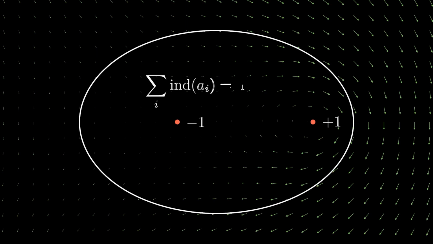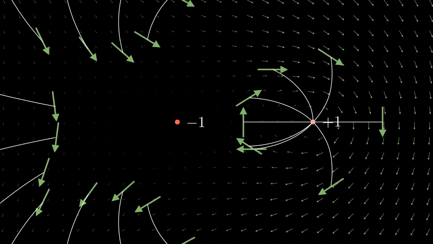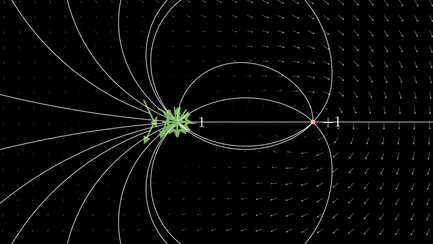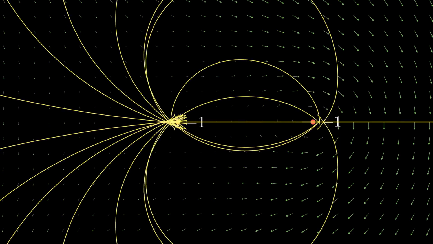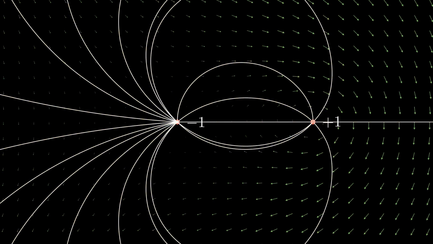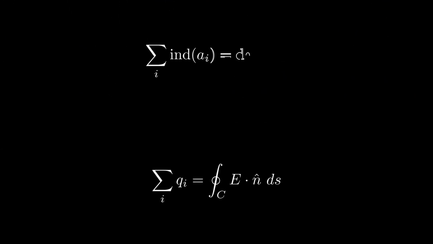We have these objects that, much like electric charges, come in positive and negative varieties, can be counted by looking at curves surrounding them, and have streamlines that converge on them. It leads us to wonder if there's a vector field whose streamlines are these lines of constant magnetic field direction, and whether maybe there's some way of relating the index formula to Gauss's law.